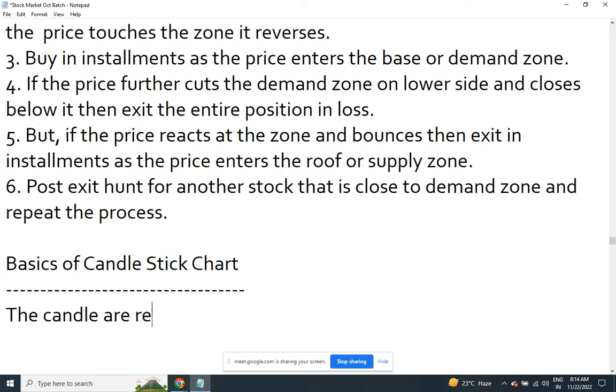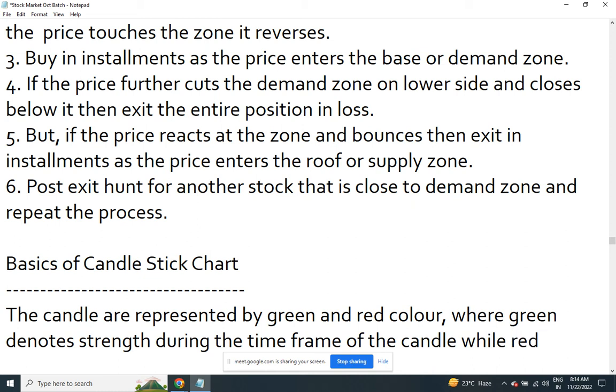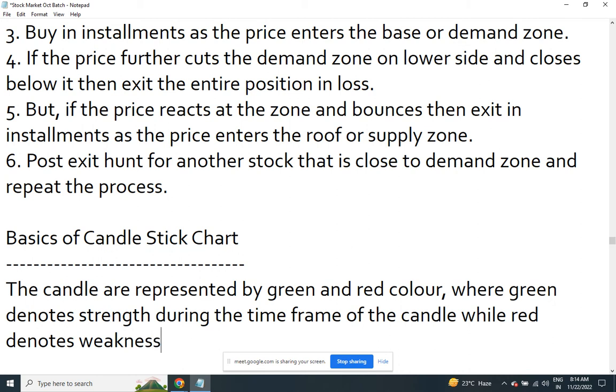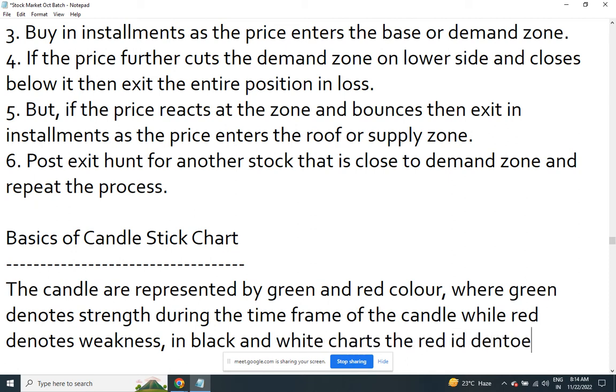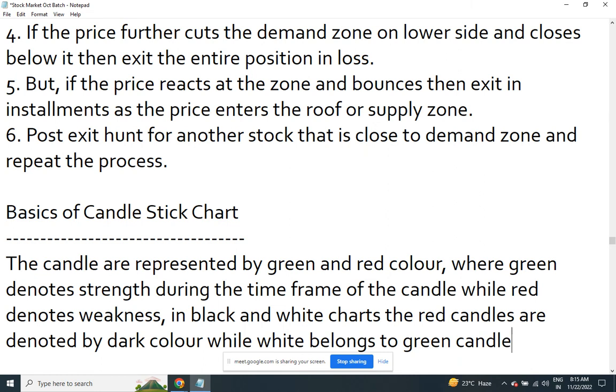The candles are represented by green and red color, where green denotes strength during the time frame.